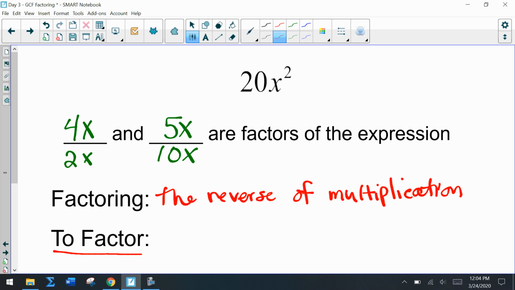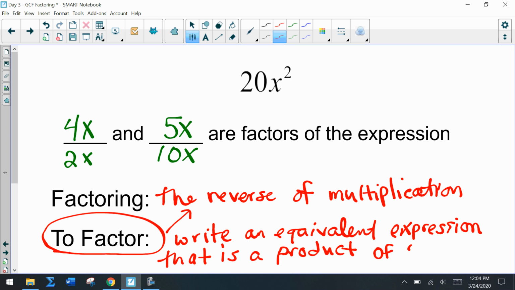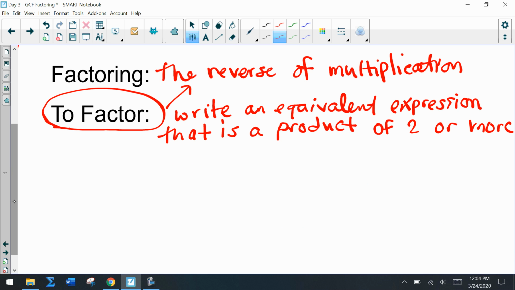So that when we are factoring, we are actually doing the reverse of multiplication and writing an equivalent expression that is a product of two or more expressions.